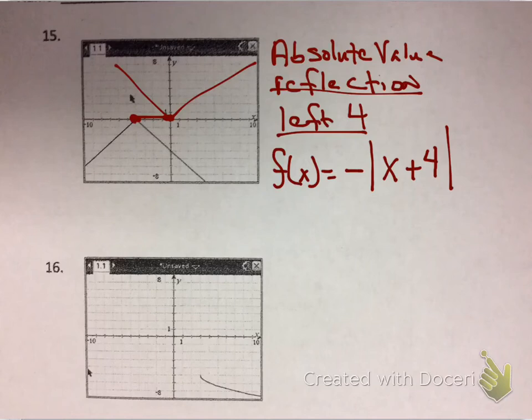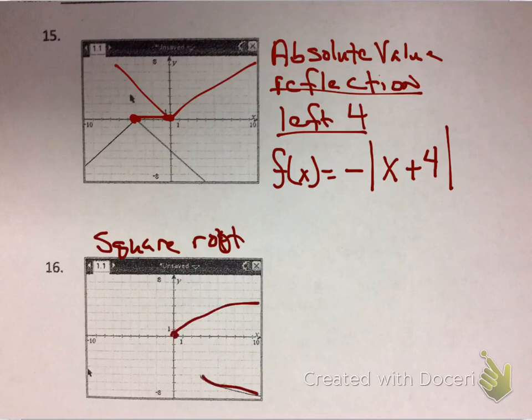Okay, now for the next one, we have a square root. Again, normally a square root goes like this and is up. Notice this one is down, so that's a reflection. It's normally at 0, instead it's right there, so I'm going to go 1, 2, 3, right 3.